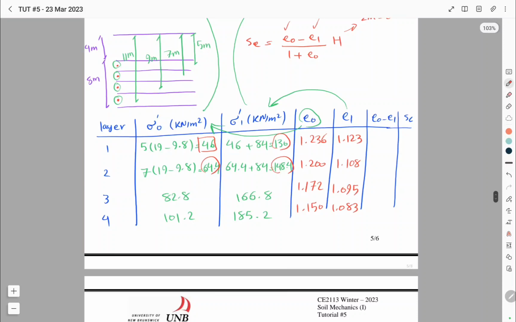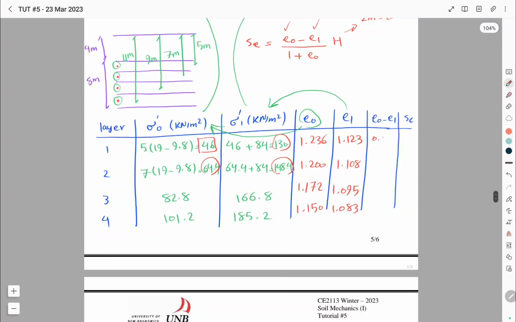The value of e0 minus e1, 0.113, 0.092, 0.077, and 0.067.